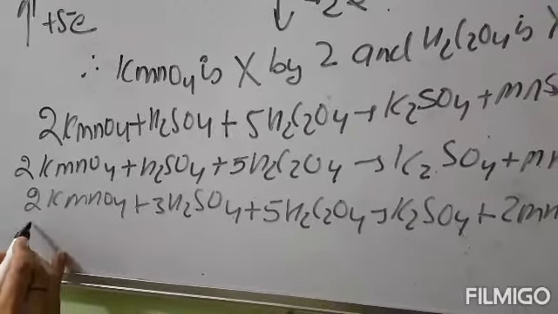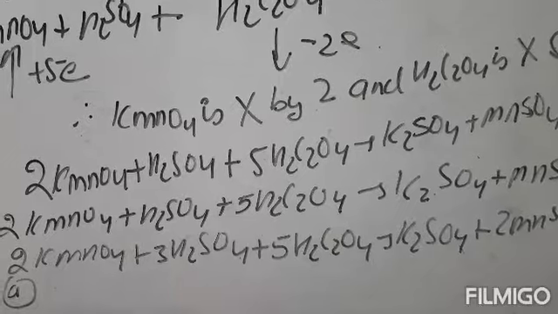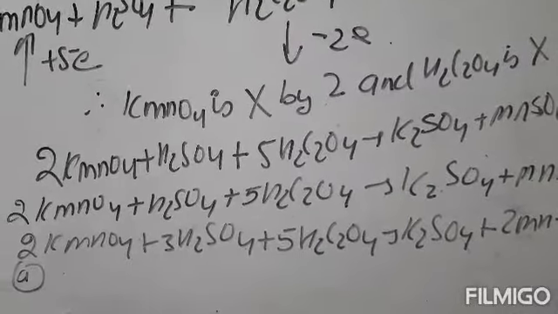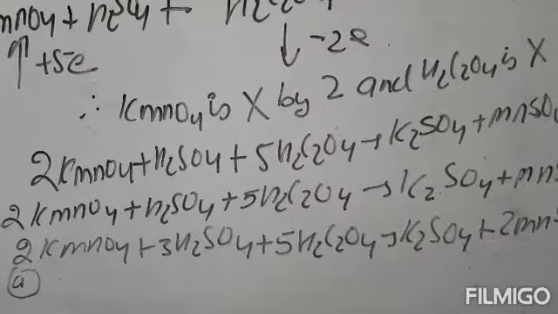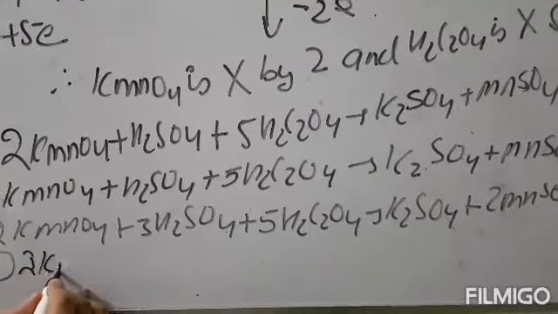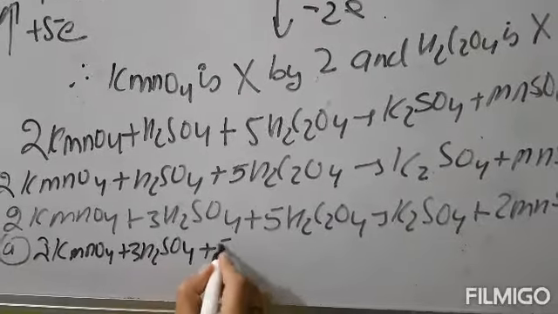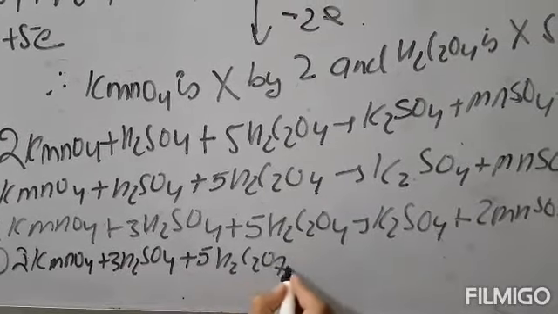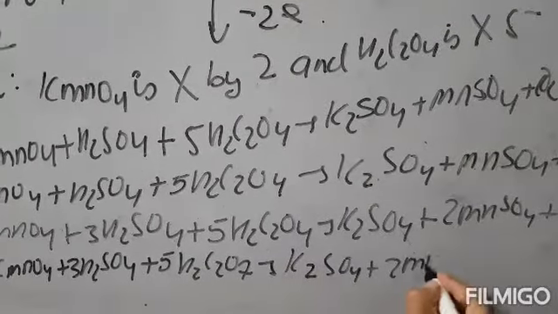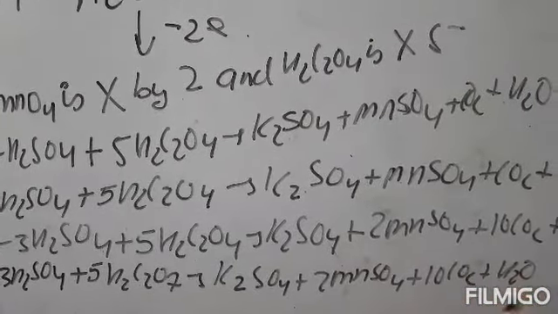Here, balance the oxygen atoms by adding enough water molecules to the side that is deficient in oxygen, and balance the hydrogen atoms by adding H+ to the side deficient in hydrogen atoms. We have 2KMnO4 plus 3H2SO4 plus 5H2C2O4 will give you K2SO4 plus 2MnSO4 plus 10CO2 plus H2O.